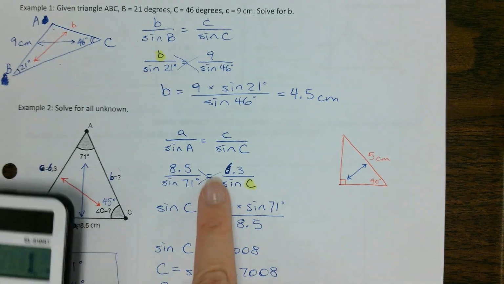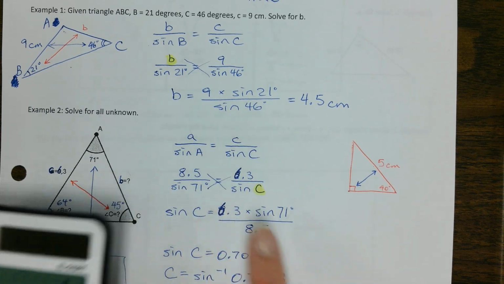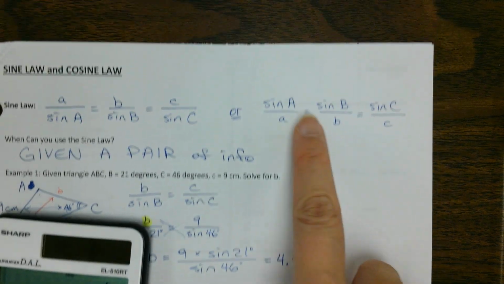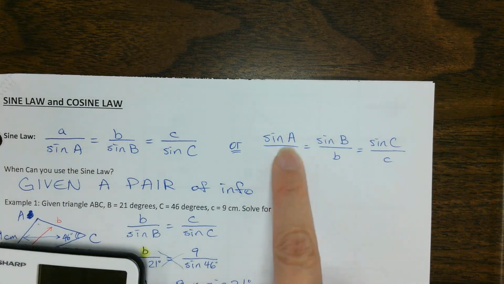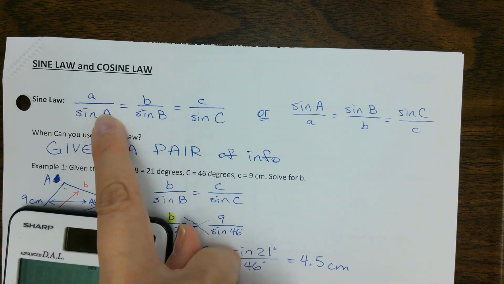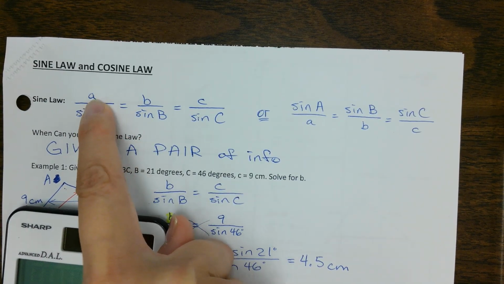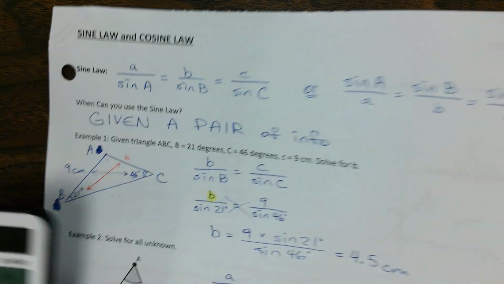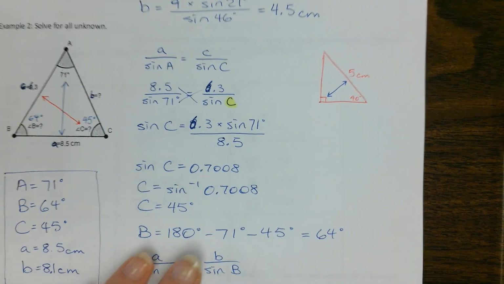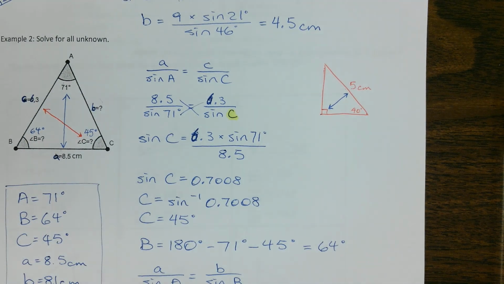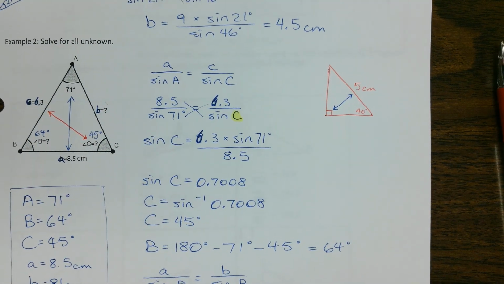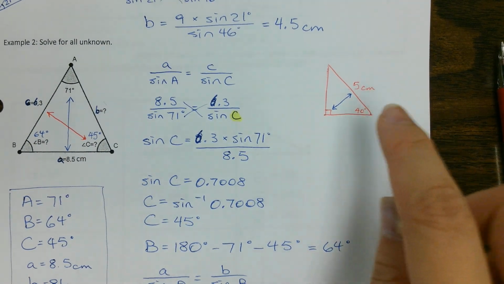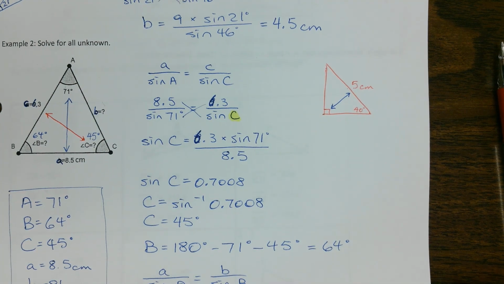And so if you set this up like this, sine 90 degrees is just 1. So then it's just A equals that over that, which is SOHCAHTOA. Okay, so that was just an extension question. You can do SOHCAHTOA or sine law with right angle triangles.